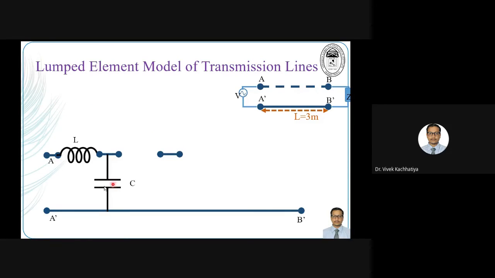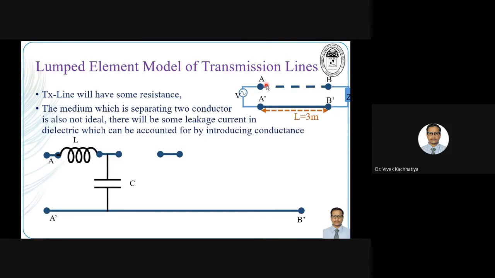Next, since current is flowing from A to B, there will definitely be some resistance along the length of the conductor, so I have to model R. There will be one resistor value R, which will incorporate resistance from point A to point B. This C represents capacitance between these two lines.